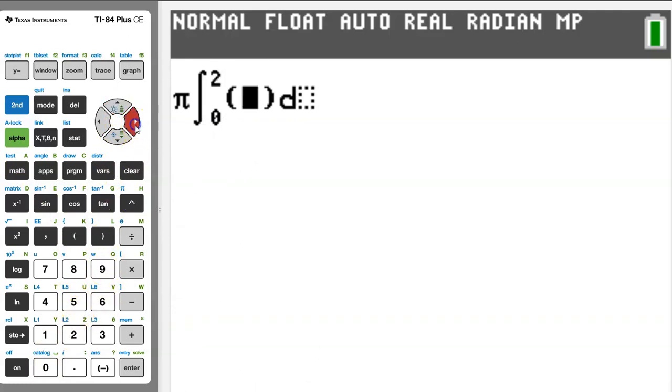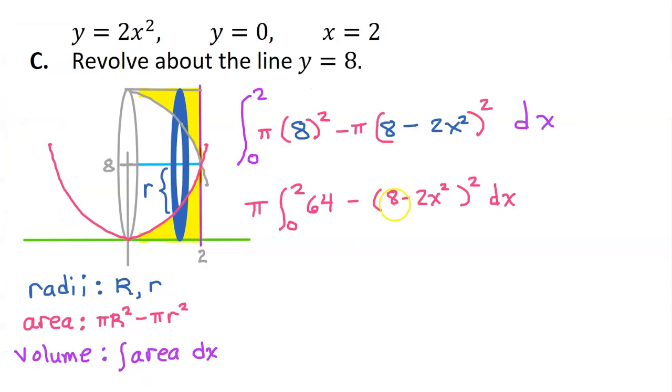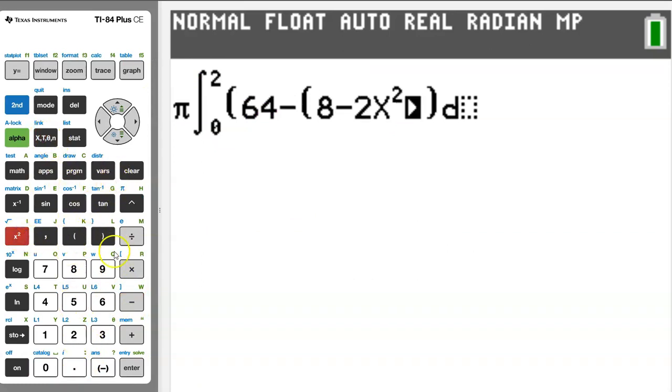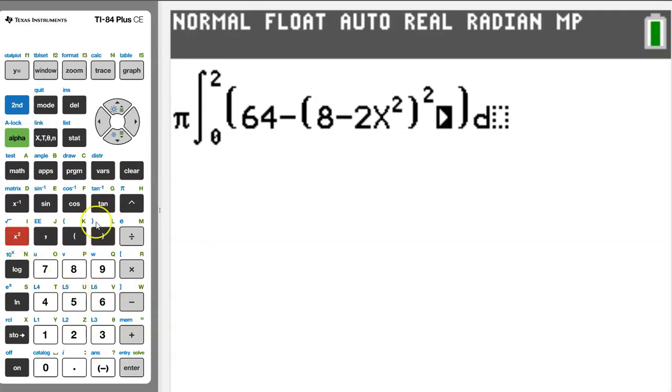And then we have 64 minus, and I'm going to go ahead and start off the parentheses. And then it was 8 minus 2x squared, squared. So 8 minus 2x squared. And then let's close the parentheses and square again.